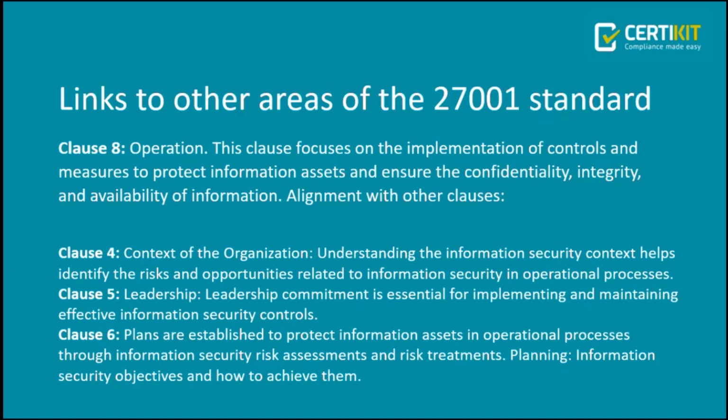Again, it's an important part because that feeds into clause 10 for improvement, but it also feeds from clause 8, looking at your processes and things in clause 8. How can we improve them? How can we put an objective in there to improve that? So this is a two-way feed for that one.